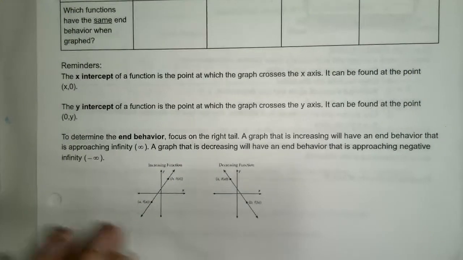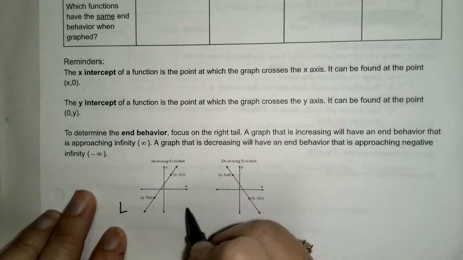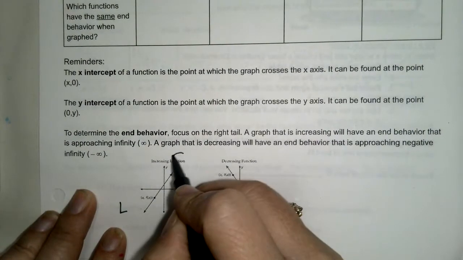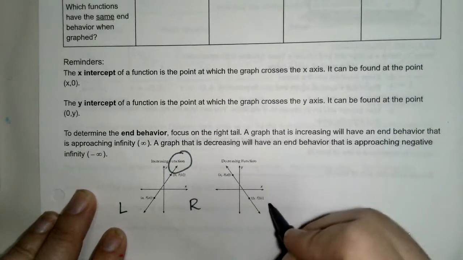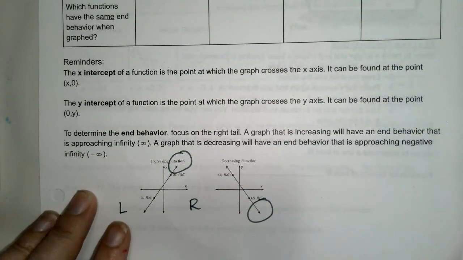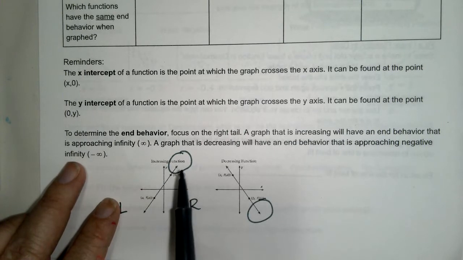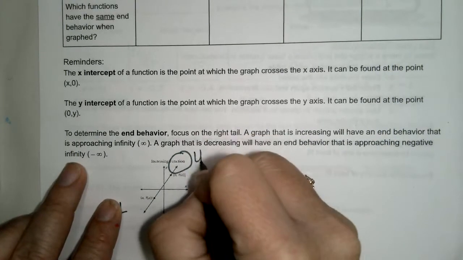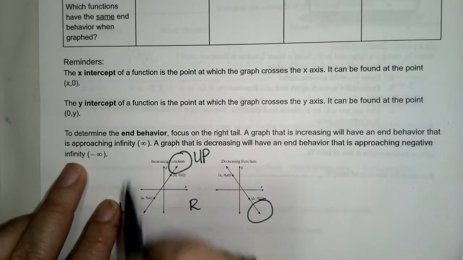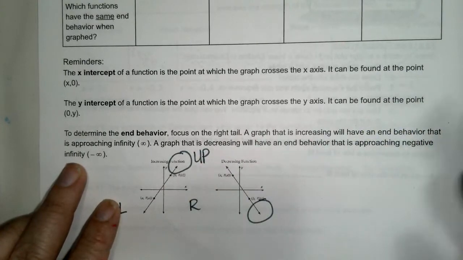The right side of the graph, this is the left side, this is the right side. Here is the right tail on both graphs. So if it has a right tail that's pointing up, then it's approaching infinity. Like it just keeps going up forever and ever.